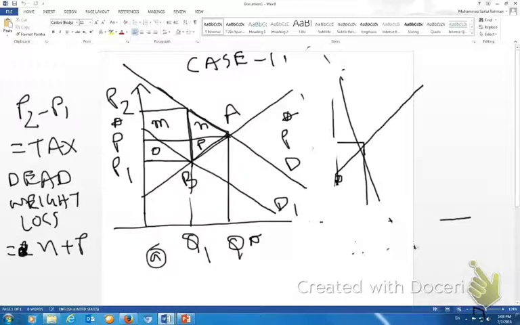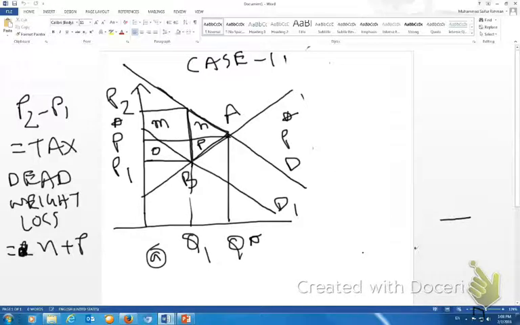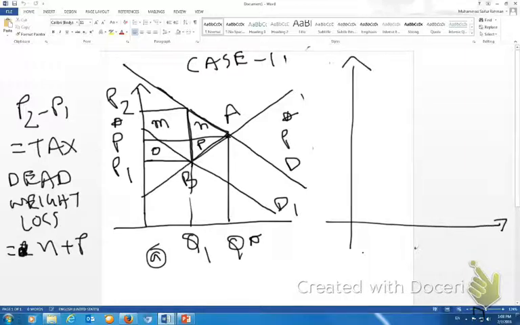I think in this case accuracy is kind of important, so that we understand. So I'm gonna draw it again. So that's my demand curve, and I'm gonna keep this supply curve the same.